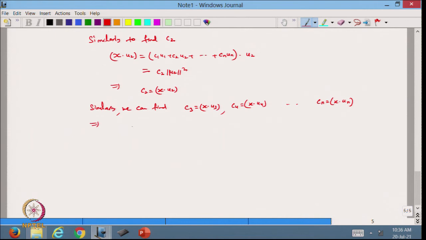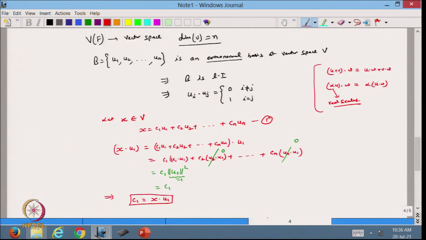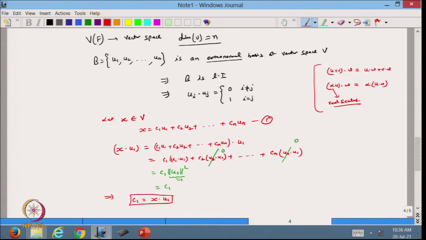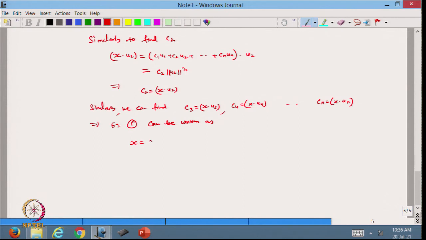So from here, equation 1 can be written as x equals x dot u1 times u1, plus x dot u2 times u2, up to x dot un times un.